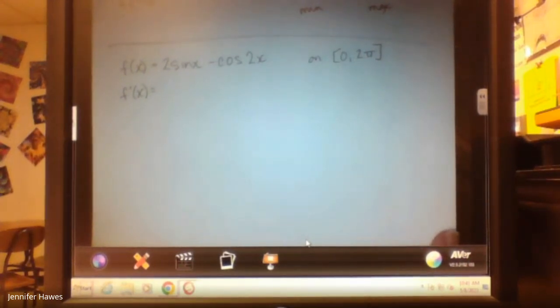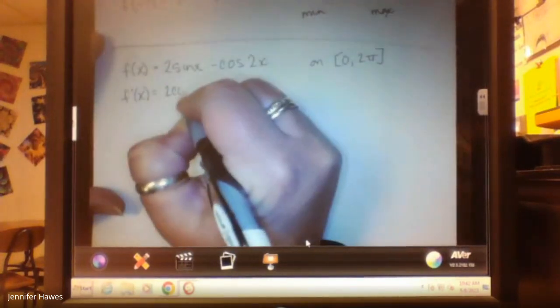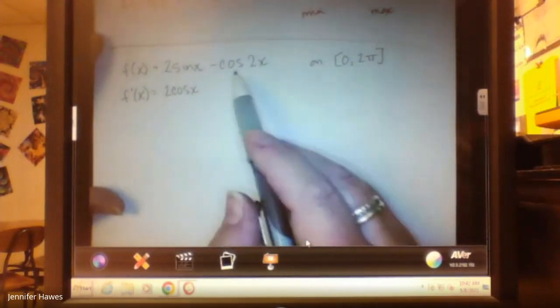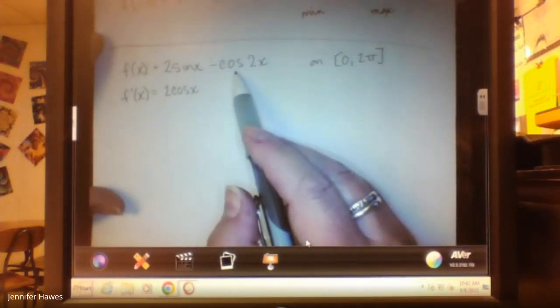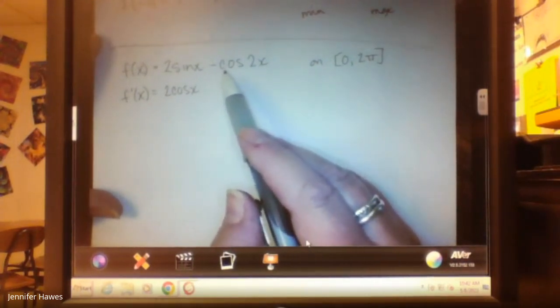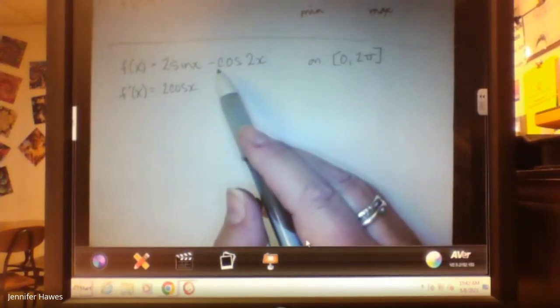Nice. Okay, derivative of the first part of this: 2 cos x. And then I forgot to put in, when it's cos 2x, it would be times 2, a negative sine 2x, which would turn this into a plus.